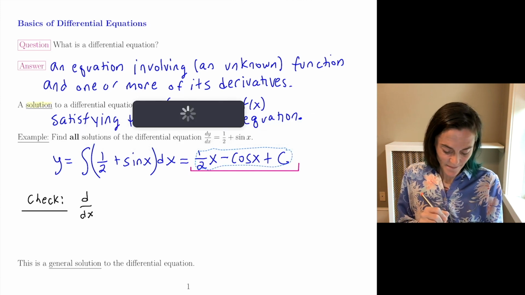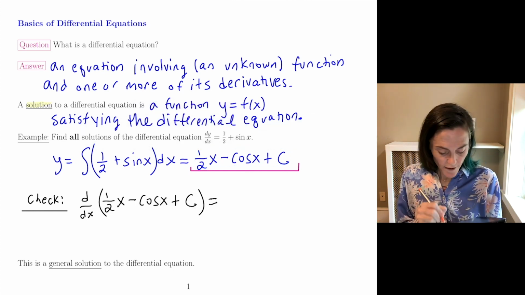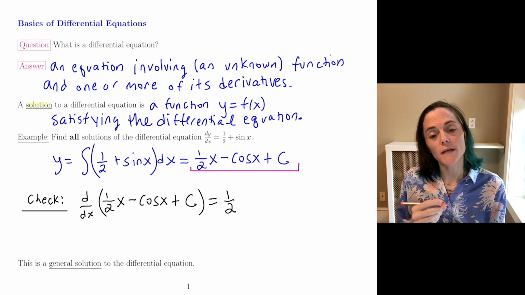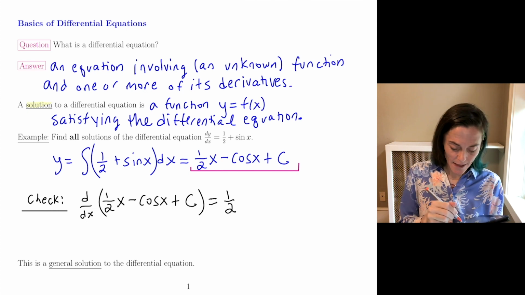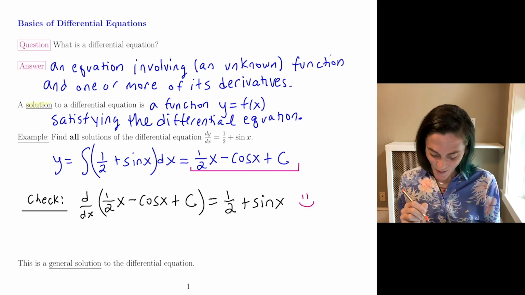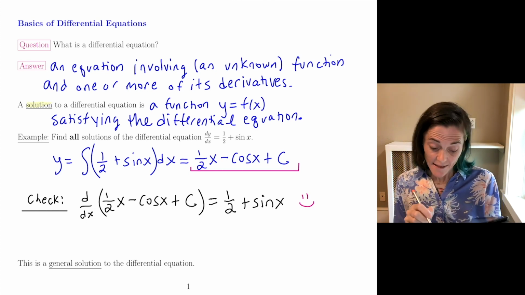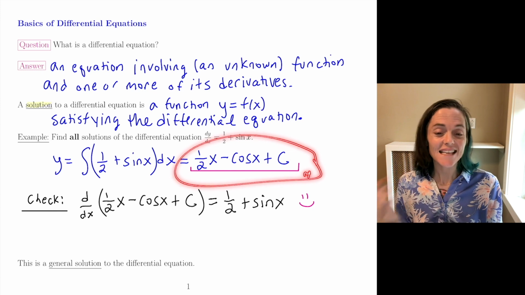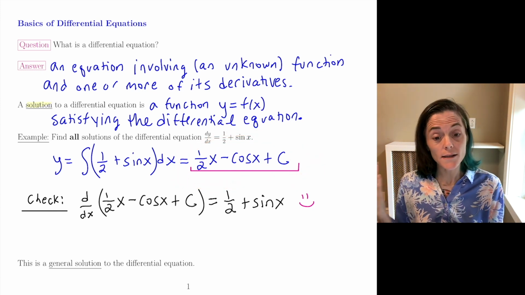It's fine. And the derivative of 1/2 x is 1/2. The derivative of cosine is minus sine, but with this negative in front, we will get plus sine. And the derivative of the constant is 0. So, in fact, this function satisfies the differential equation in all solutions.